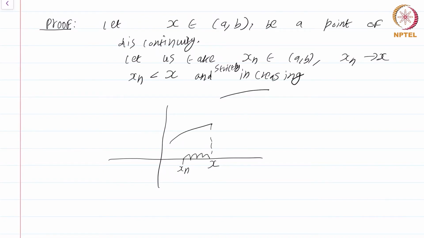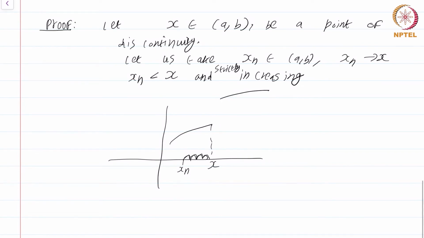Okay, so this sine curve type thing I've drawn is just a doodle. It really has no place here. So I have this sequence x_n which is converging to x. Okay, and x_n is strictly increasing and the x_n's are all less than x. Okay, how does this help?